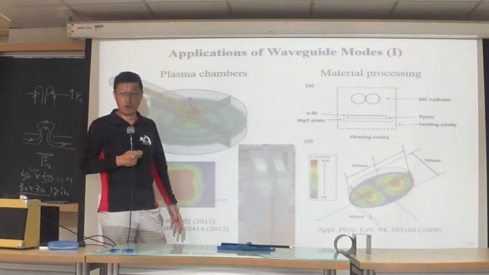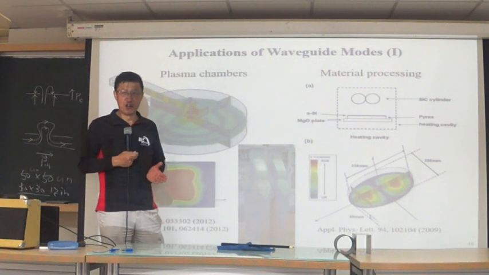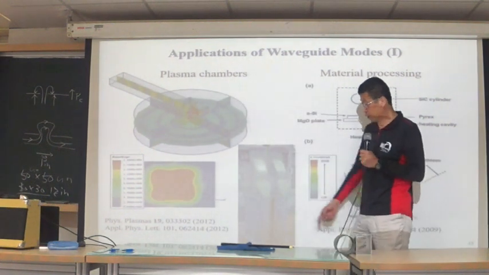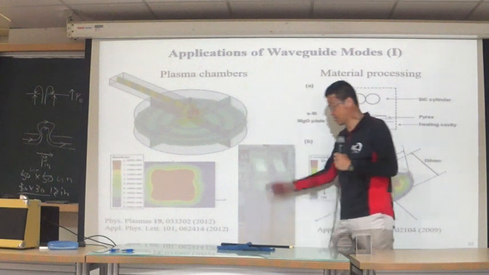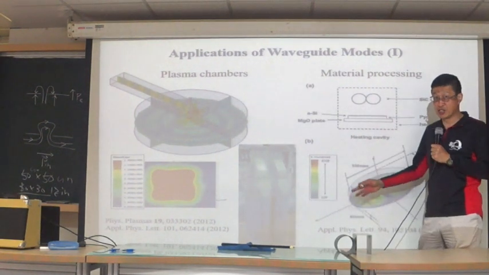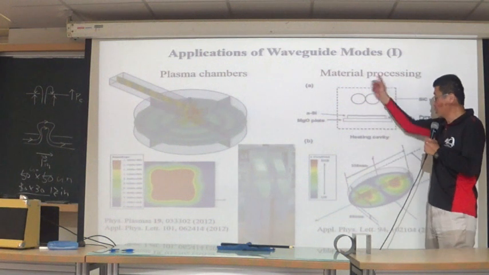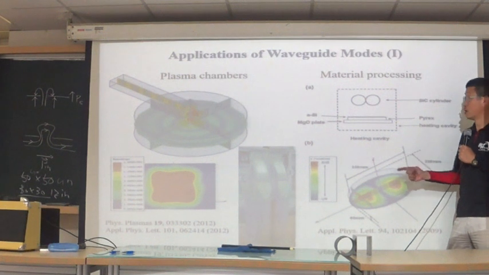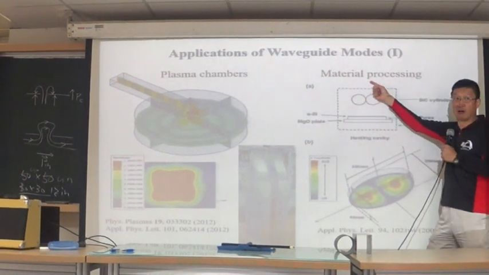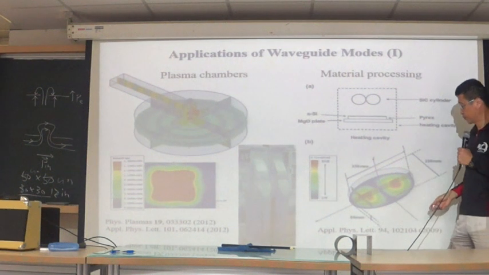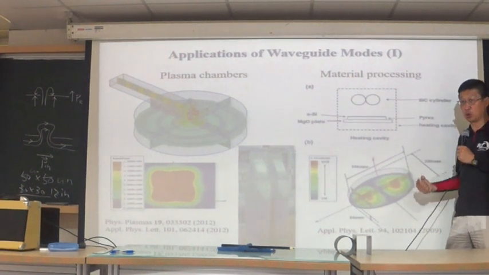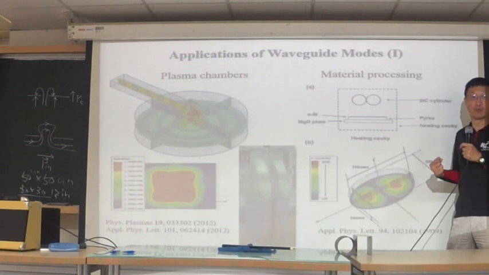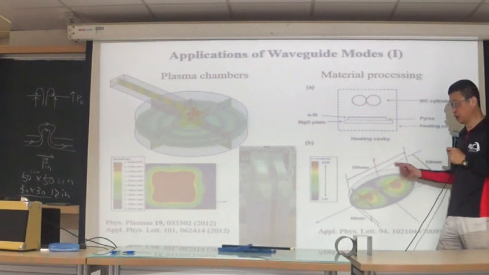This one can be used for amorphous silicon solar cells. Therefore, we published this paper easily. They like this idea very much. We also use waveguide modes to process material, to heat the material, to shorten the processing time, and improve the material's quality.